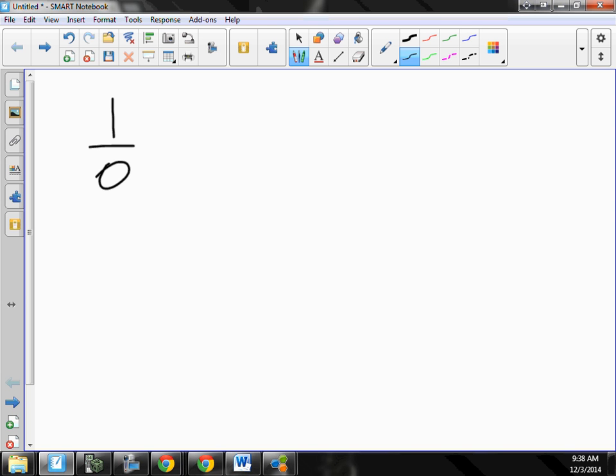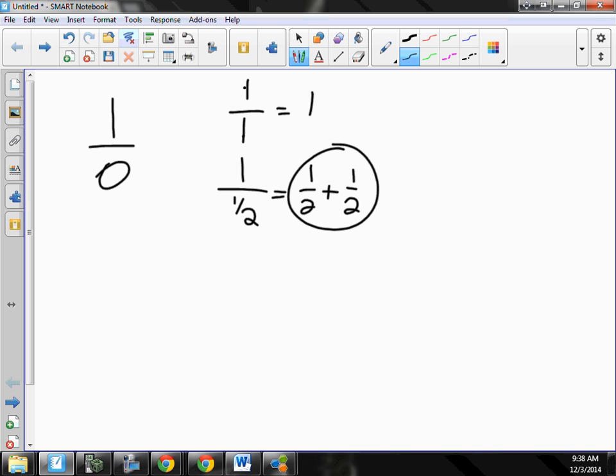So let's consider a couple things. 1 divided by 1 means how many 1s are there in 1? 1. 1 divided by 1/2 means how many 1/2s are there in 1? So this is 1/2 plus 1/2. And how many of these are there? 2.